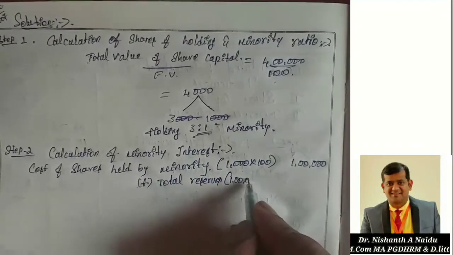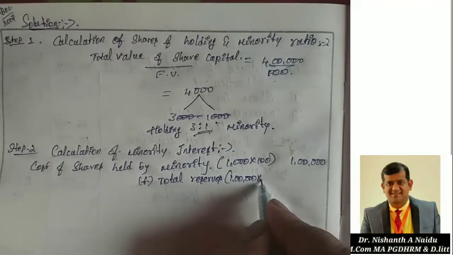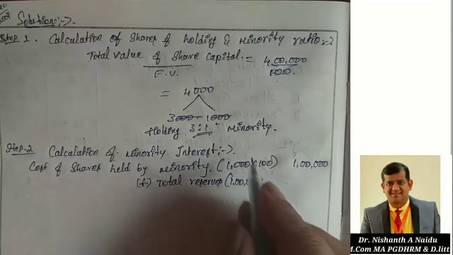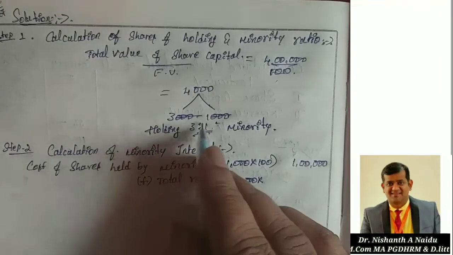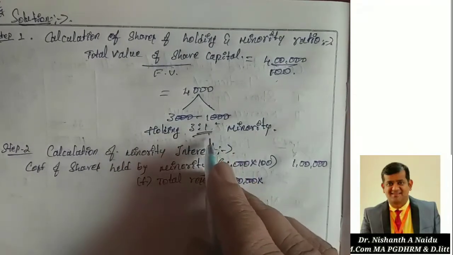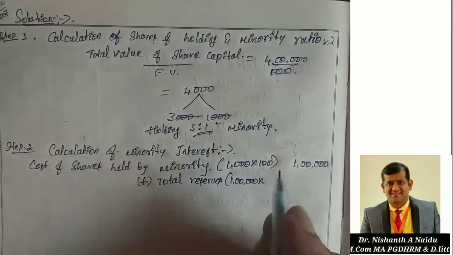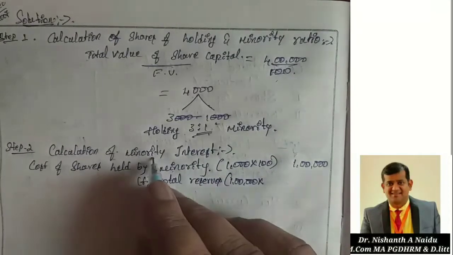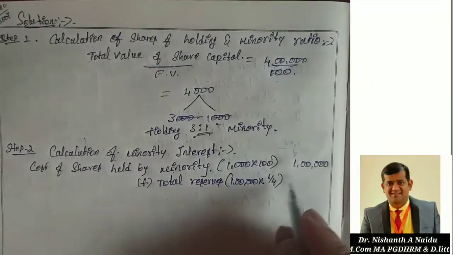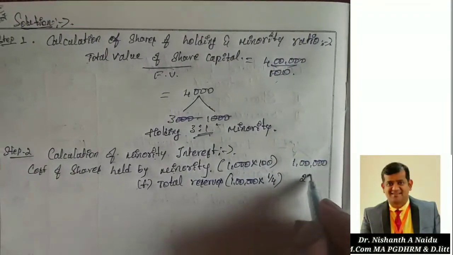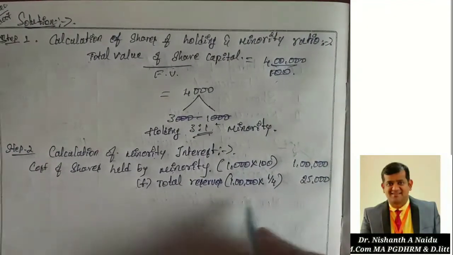So 1 lakh into, what is the minority ratio? 1 by 4, correct? So 3 plus 1 is 4, minority 1 divided by 4, majority 3 divided by 4. So now I am calculating minority interest, so 1 divided by 4. That comes to 25,000.